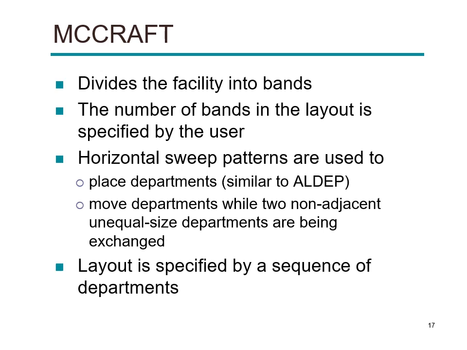It divides the facility into bands, like in ALDEP, and you represent the total layout with a number of bands, which are specified by the user. Okay? And in order to place the departments into this layout, we use a horizontal sweep pattern. In ALDEP, we were using vertical, but in MCCraft, we will be using a horizontal pattern to place these departments. Okay.